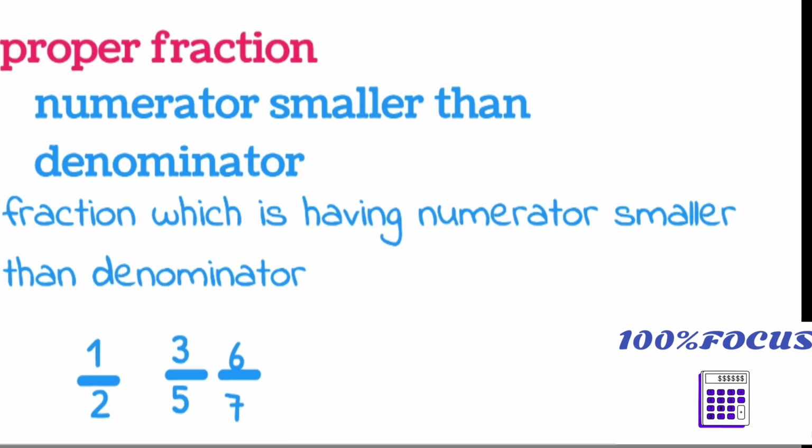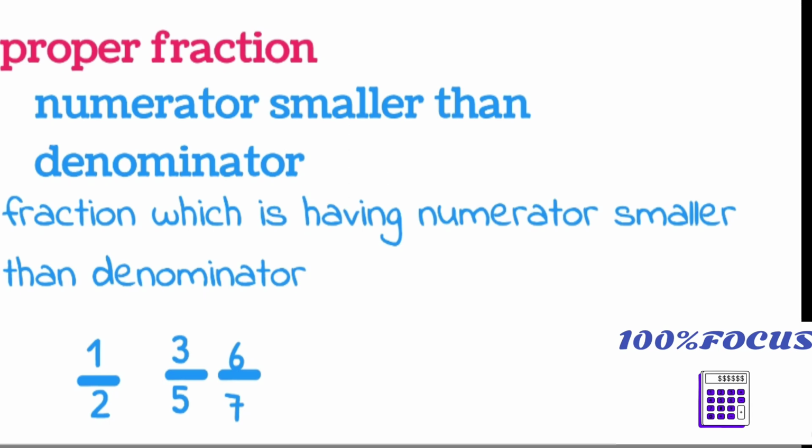Is that clear? Okay, then when the numerator is smaller than the denominator, అంటే పైన ఉన్న నెంబర్ చిన్నగా ఉండి కింద ఉన్న నెంబర్ పెద్దది అయితే, if the numerator is smaller than the denominator, we are going to tell it as proper fraction.